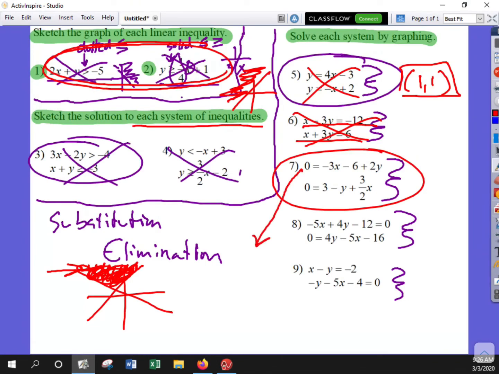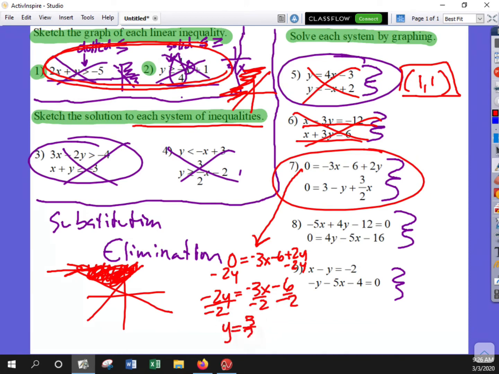Now, if I really wanted to, I could put this into that function notation format by subtracting the 2y and getting negative 2y equals negative 3x minus 6, divided by negative 2, and y would equal positive 3 halves x plus 6 divided by negative 2, which is a positive 3.